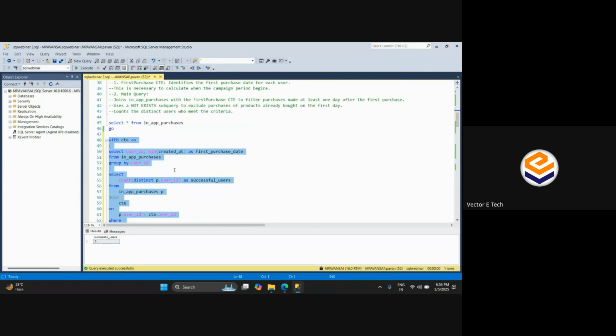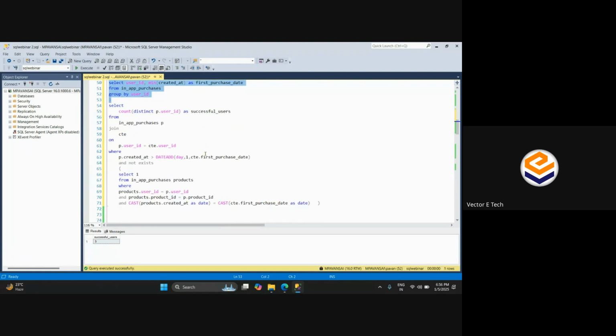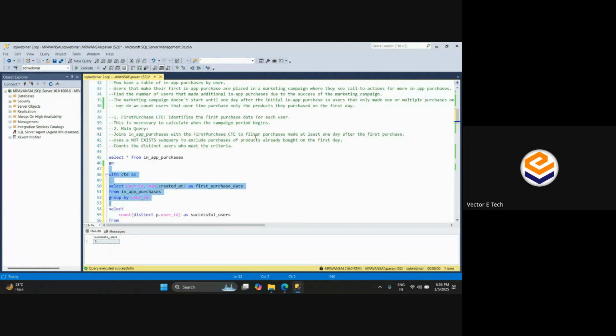Okay, now let me explain again what we have seen. We found those user IDs who have that minimum purchase date by using a simple group by. We made it a small table, or you could say common table expression, CTE. Next, our criteria: first, at least one day after the purchase, the user must have purchased.